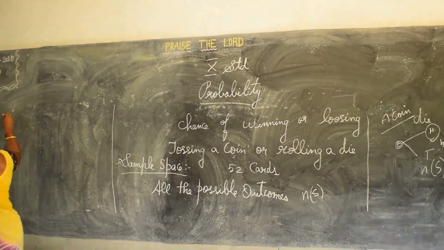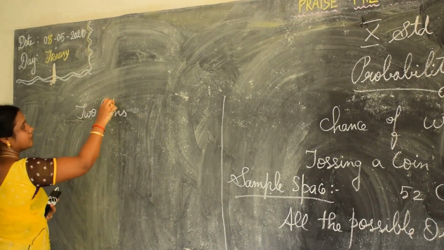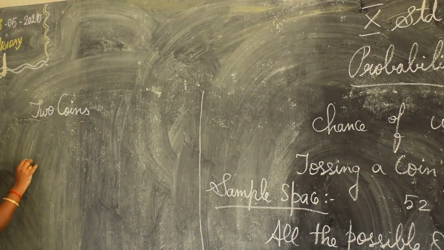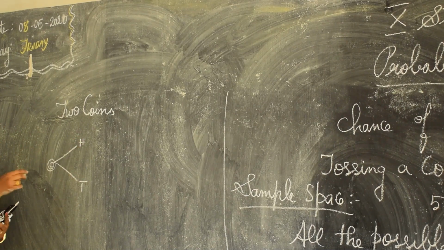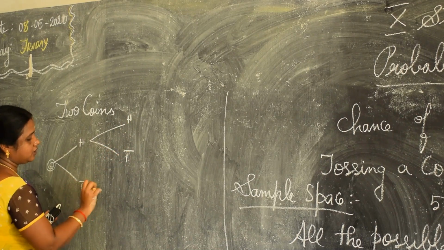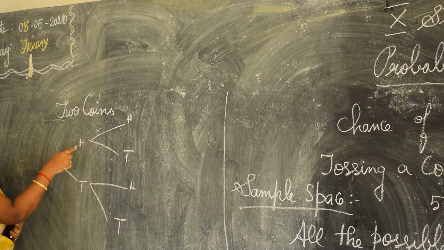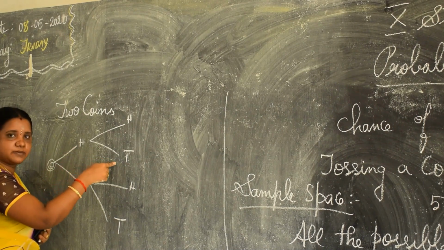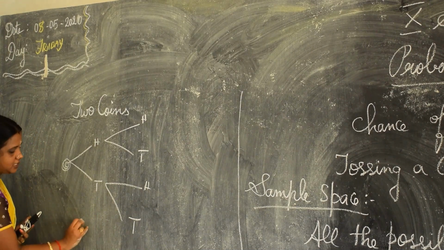See, suppose you are tossing 2 coins. If you toss one coin, you will get head or tail. Again, if you toss another coin, head and tail. This is 2 coins. One coin toss, you will get head and tail. Again, another coin toss, you will get again head and tail. How do you have to write the sample space? See here.